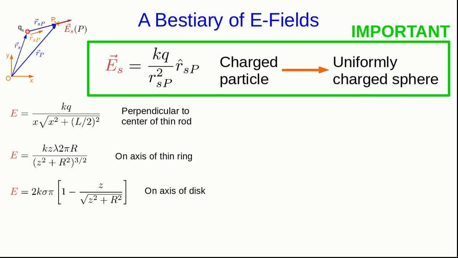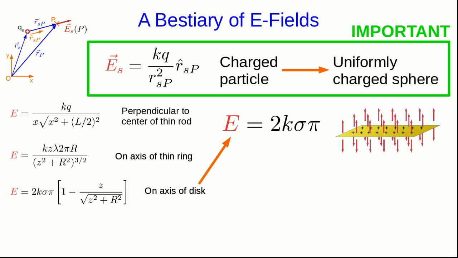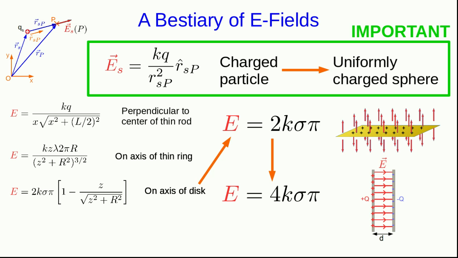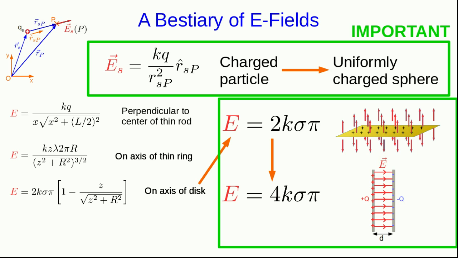So setting aside those unimportant ones, we then went on and used the expression for the E-field due to a disk to get the E-field due to an infinite plane. And from there, it was one quick, simple step to get the E-field due to a parallel plate capacitor, or two infinite planes of opposite charge. These expressions are important.